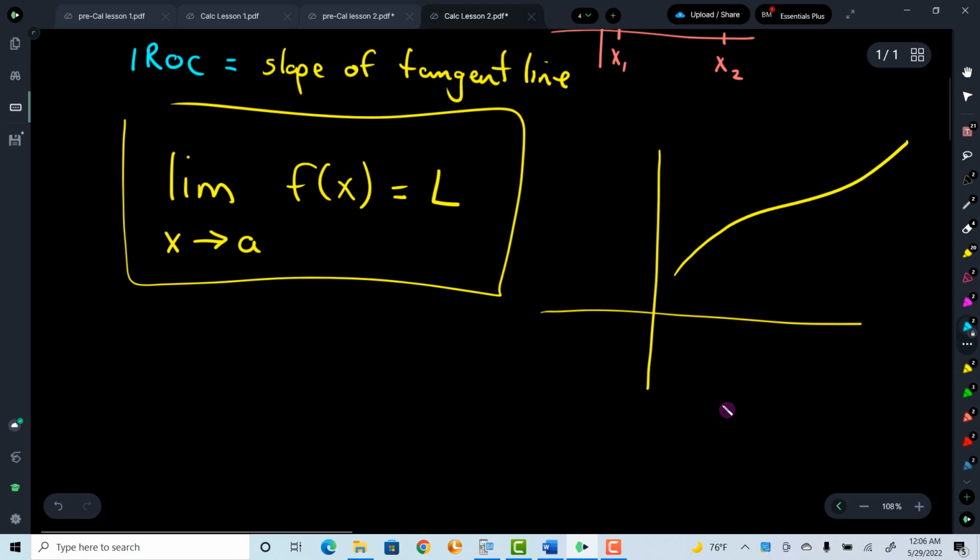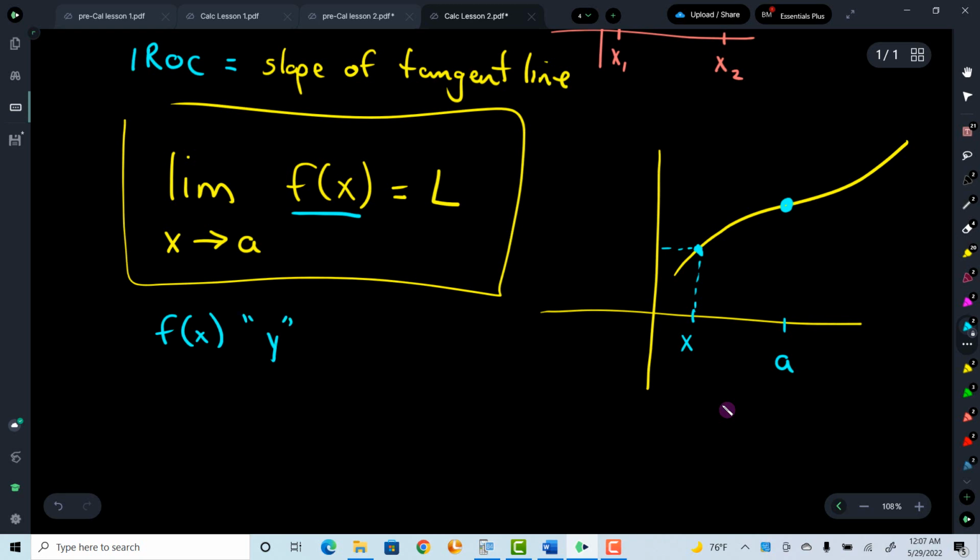Okay, so I'm going to call this point A, okay? So the limit as x, right? This is x. So as x approaches A, so right, let's just say that x starts out there, okay? Well, what's happening with f of x? Now remember, f of x refers to the y value.